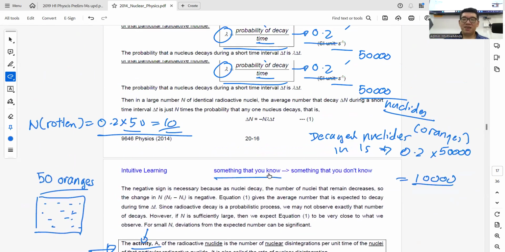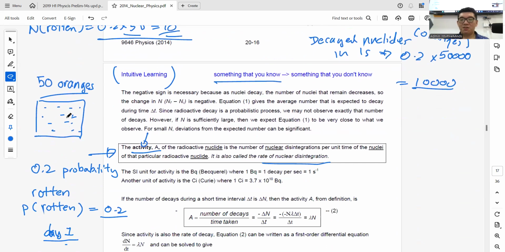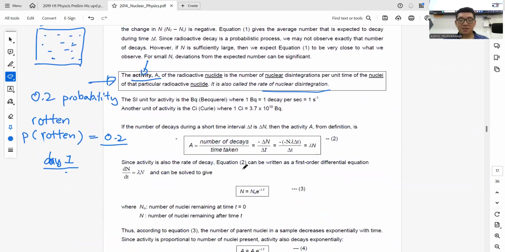Okay, and that is an example of intuitive learning, where you use something as simple as oranges, something that you know every day, to learn something complicated. Okay, and that's how you derive this formula. See, A equals lambda N. This is a 0.2, and this is a 50. Okay, and this is something you need to remember. This formula is very important.